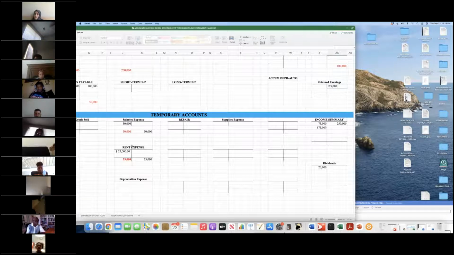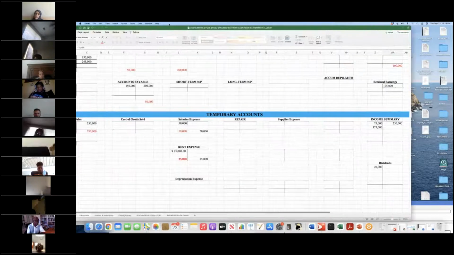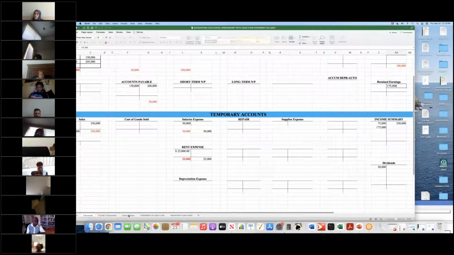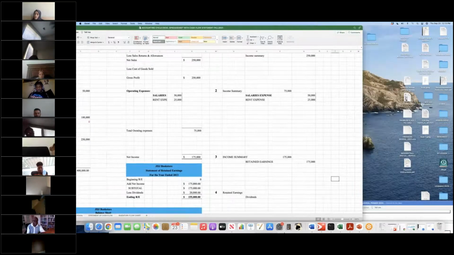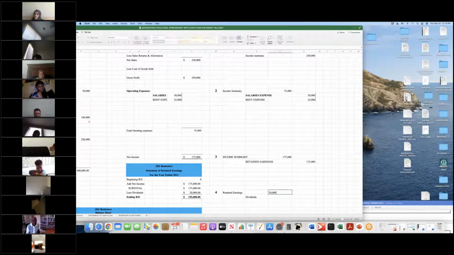Finally, we have closing entry 4. And what's closing entry 4 probably going to be? We're going to close out that dividend that we paid. How much did we pay? 20,000. So we debit retained earnings 20,000 and we credit dividends 20,000.